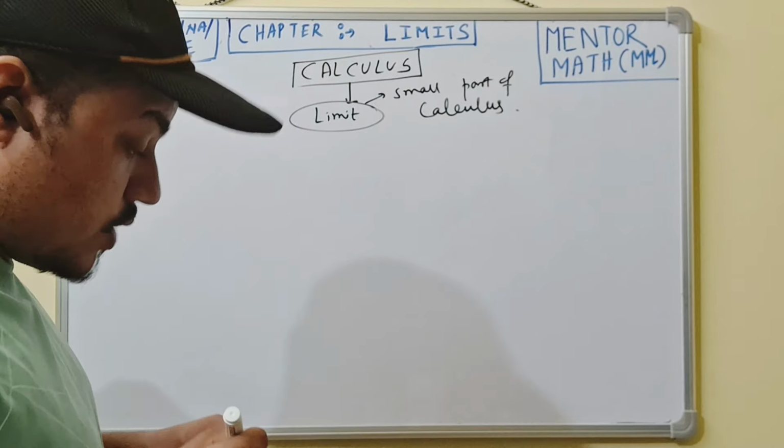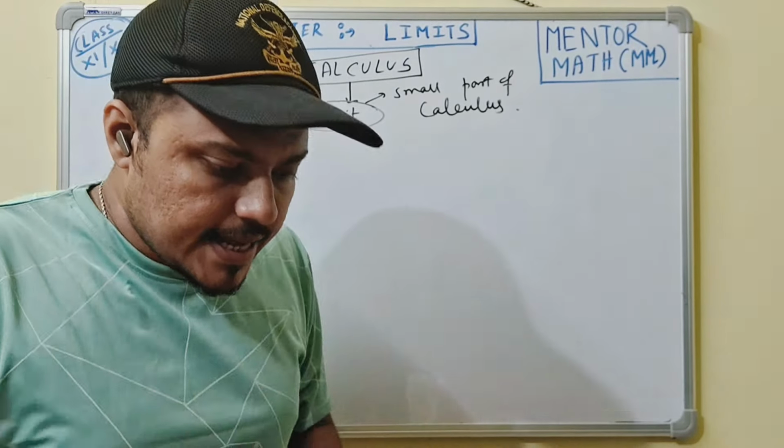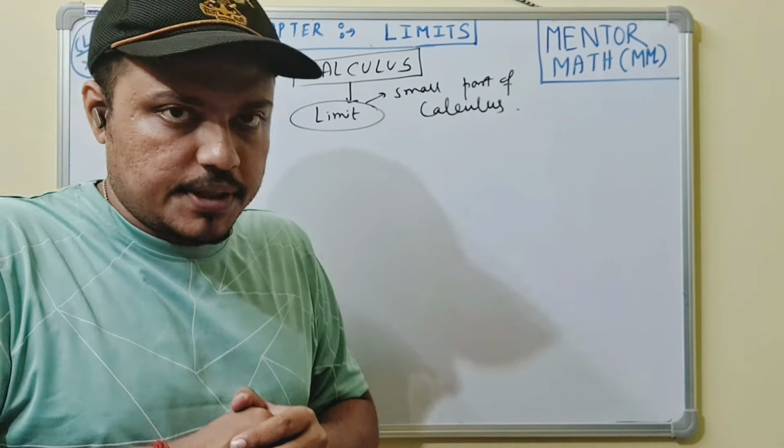This is the basic concept, so you have to clear the concept first. Limit is a small part of calculus, and calculus is a very vast topic of your mathematics.